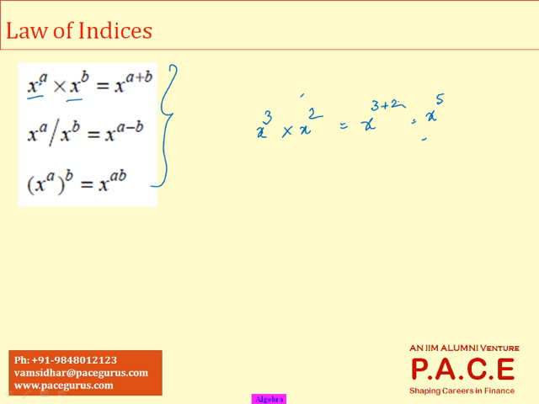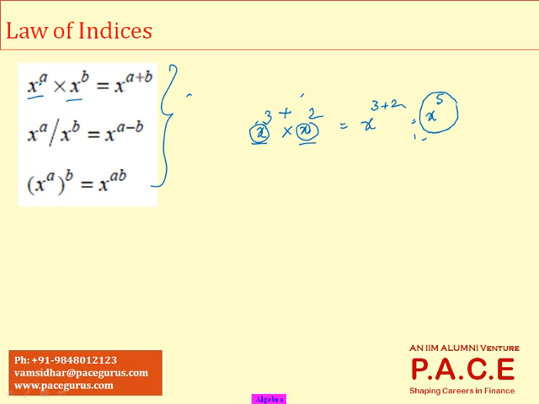So whenever we see that two different numbers having the same base x are multiplied together, you can simply get their result by adding up their exponents. By adding up their exponents, that would be the resulting result.